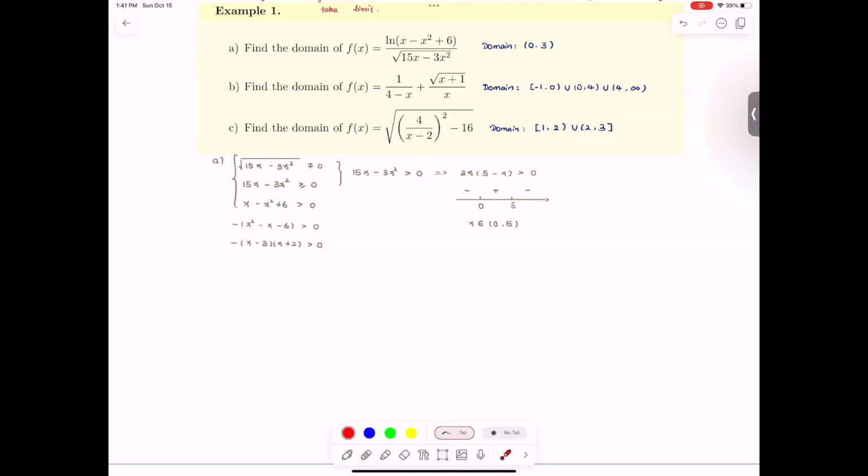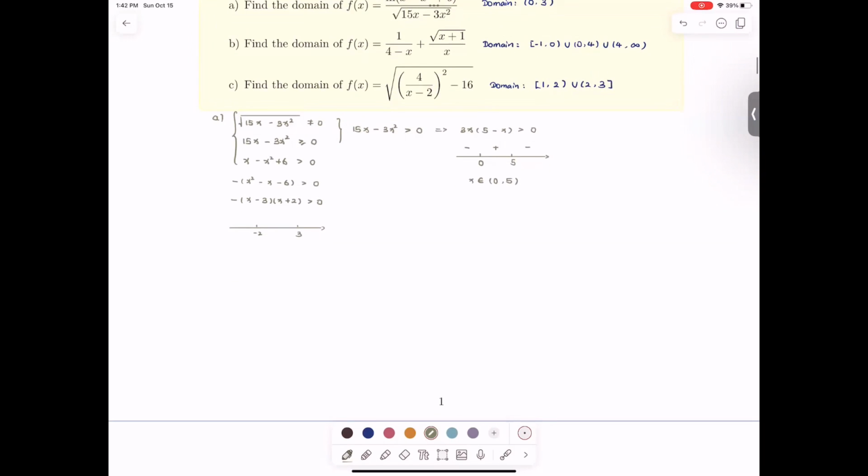Okay, and just like here, you can draw another real number line and put the values on top. So when x equals negative 2 or x equals 3, the whole expression equals 0. And then you can plug values in and check the sign again. When x is, let's say, negative 5, you plug it in, negative, negative, negative.